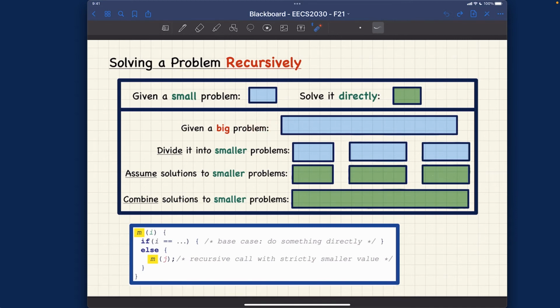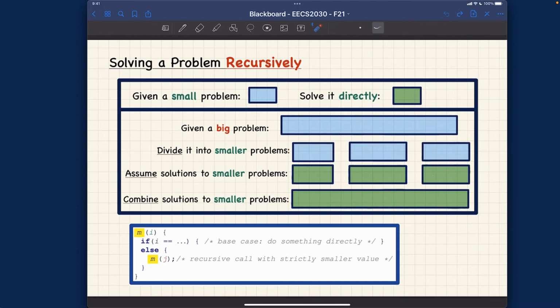What you can do is divide it into strictly smaller problems. You can see this sub-problem here is strictly smaller than that, and this is also strictly smaller than that, and this one over here is also strictly smaller than that. Then you can safely assume that for each strictly smaller problem, we do have its corresponding solution.